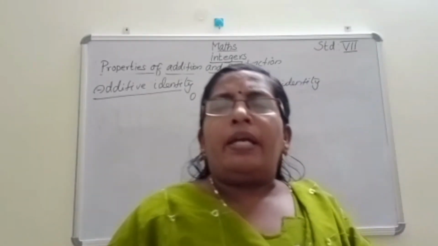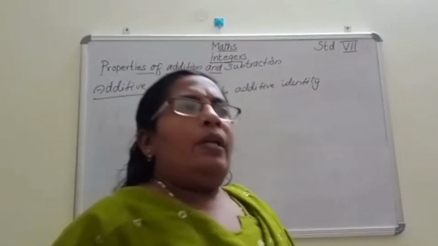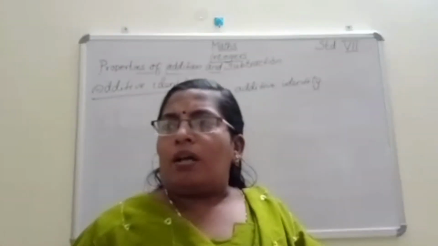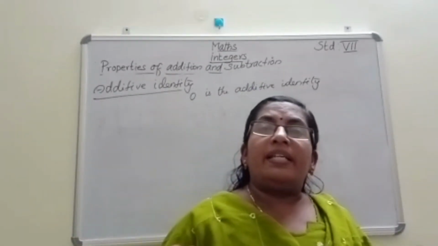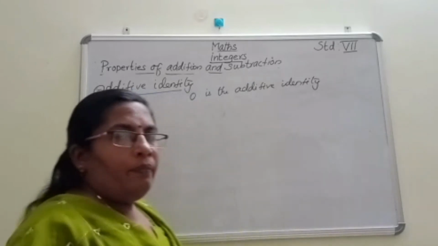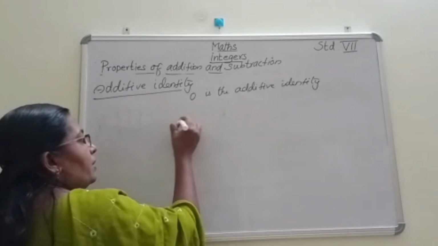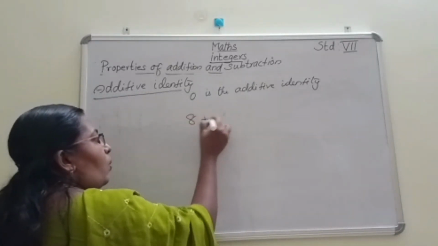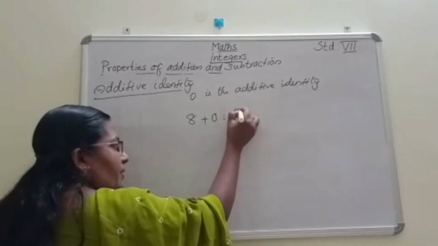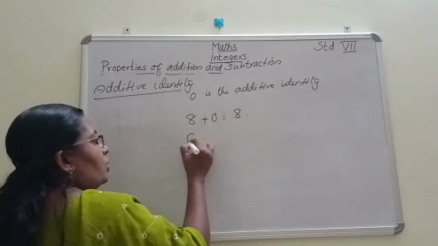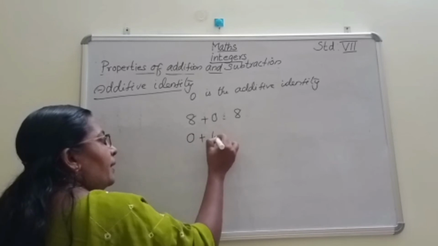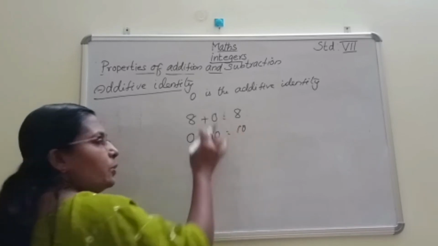When 0 is added to any number, whether it is a positive integer or a negative integer, we will get the same number. See here. 8 plus 0, 8. 0 plus 10, 10. This is positive.